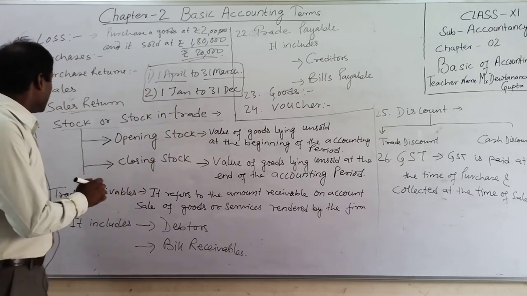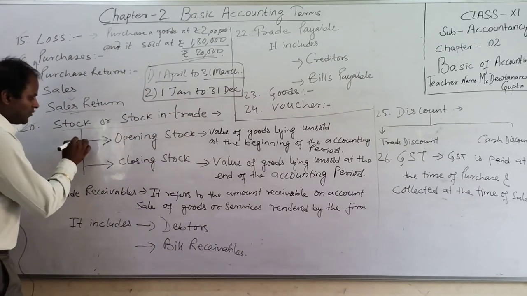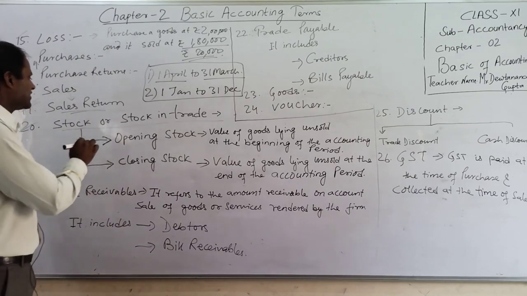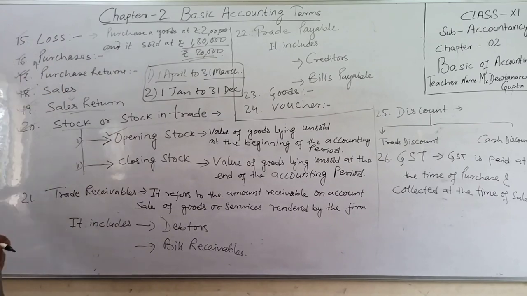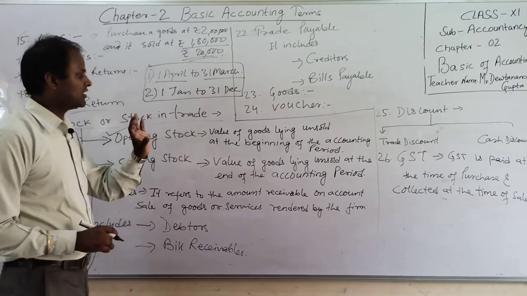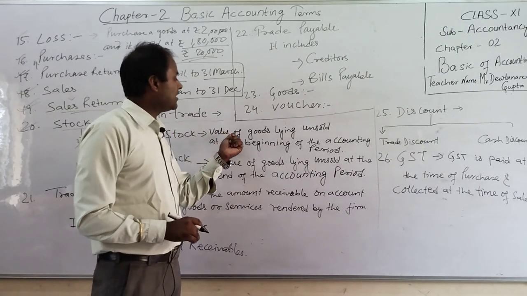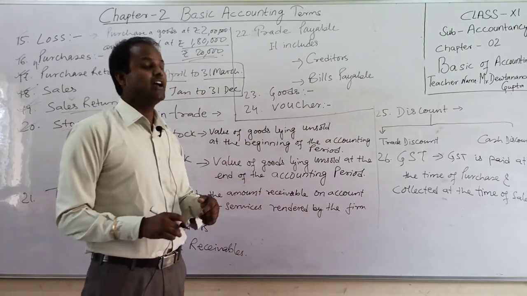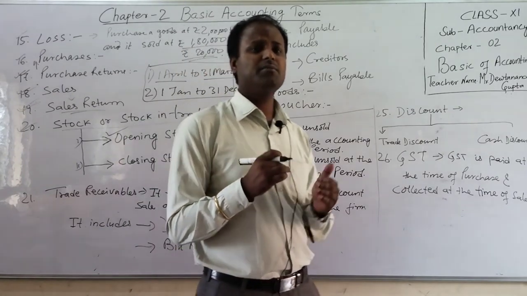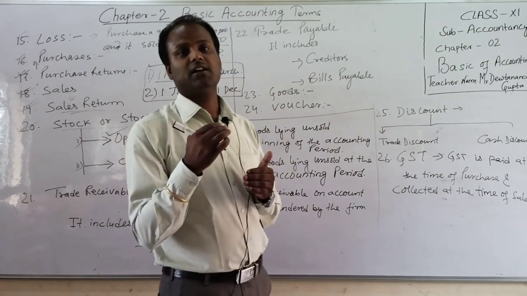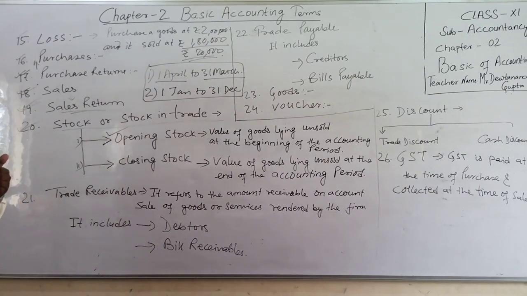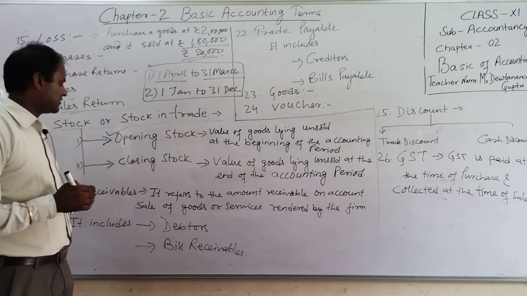Then next, stock is of two types, one opening stock and second closing stock. Let us discuss opening stock. Opening stock means goods lying unsold at the beginning of the accounting period. Whatever goods are lying with the businessman at the beginning of the year is known as opening stock.